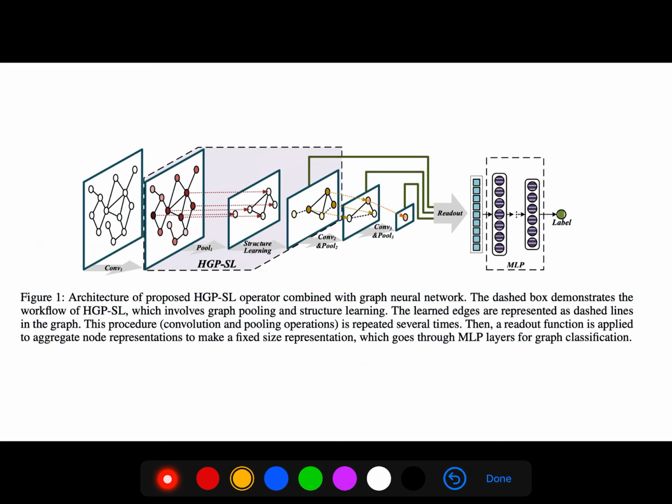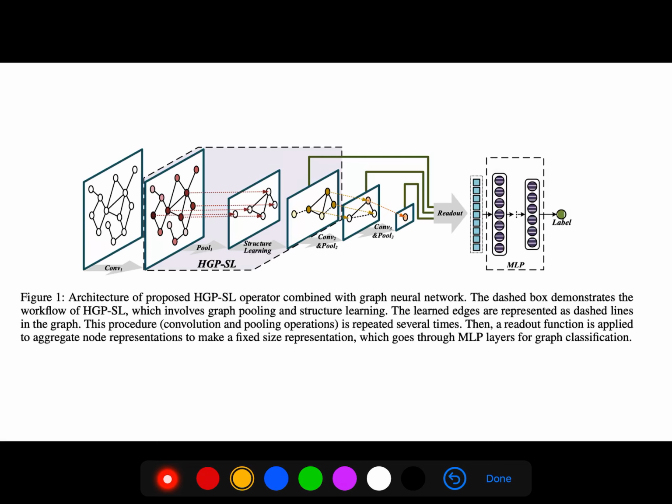So you see the architecture of the proposed operator combined with the graph neural network. The dashed box demonstrates the workflow of HGP-SL, which involves graph pooling and structure learning. The learned edges are represented as dashed lines in the graph.